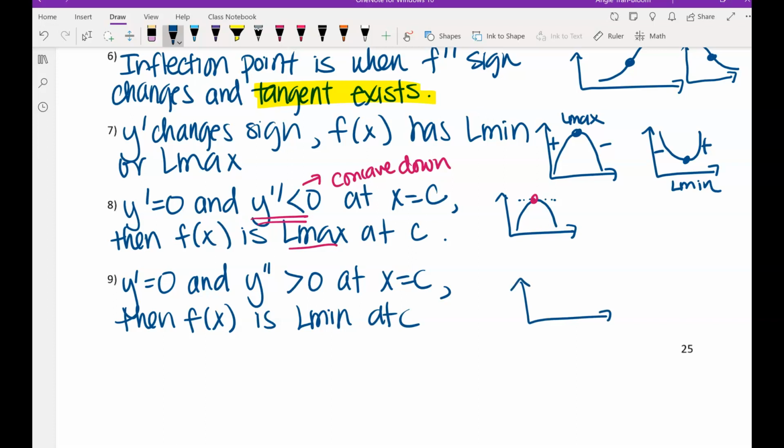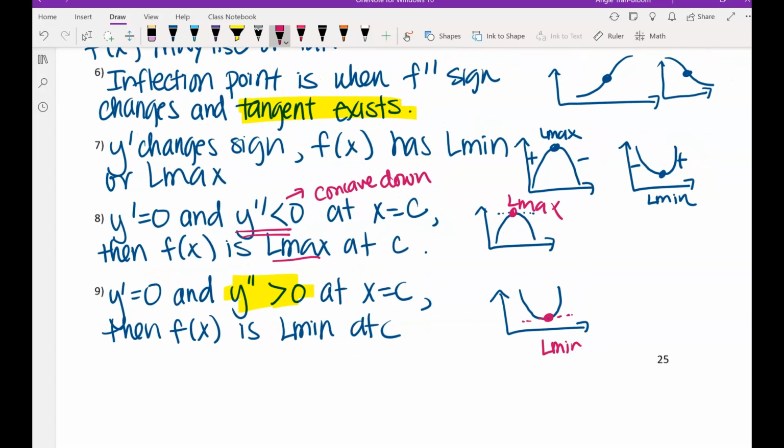Similarly, if you got y prime being 0, that means you have a horizontal tangent, and the double derivative is positive, that means you're concaving up. If you're concaving up and you have a horizontal tangent, then this would be a local min, and this I'm going to write local max on the top. And that's everything that we study in pretty much the first 3 sections, right?